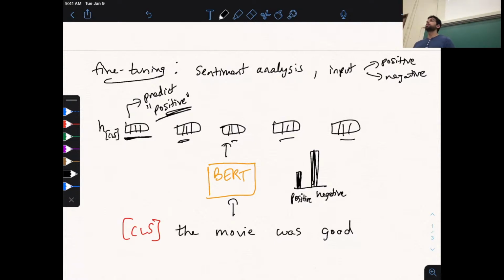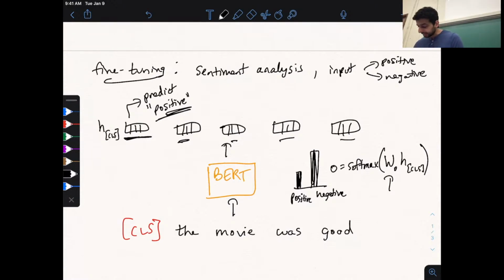Right? So this is similar to our distribution over the entire vocabulary, but here we only care about positive and negative. So let's call this O, as we did before. Now, O is just equal to the softmax of W_O h_CLS. So what is the dimensionality of W_O?